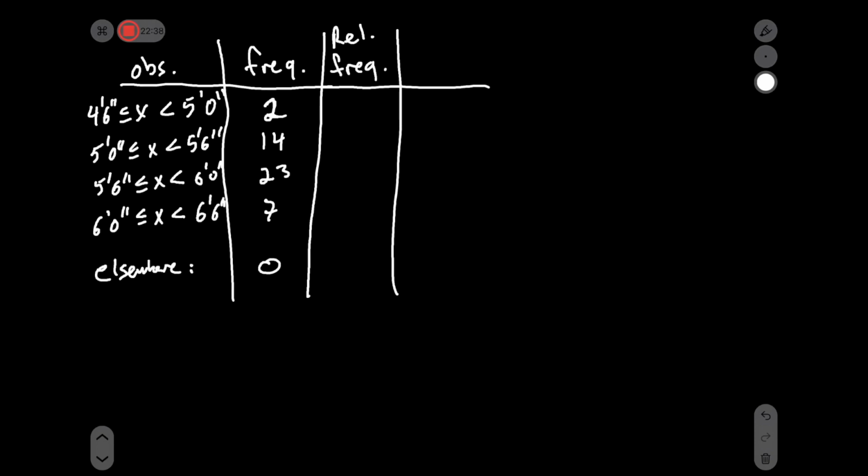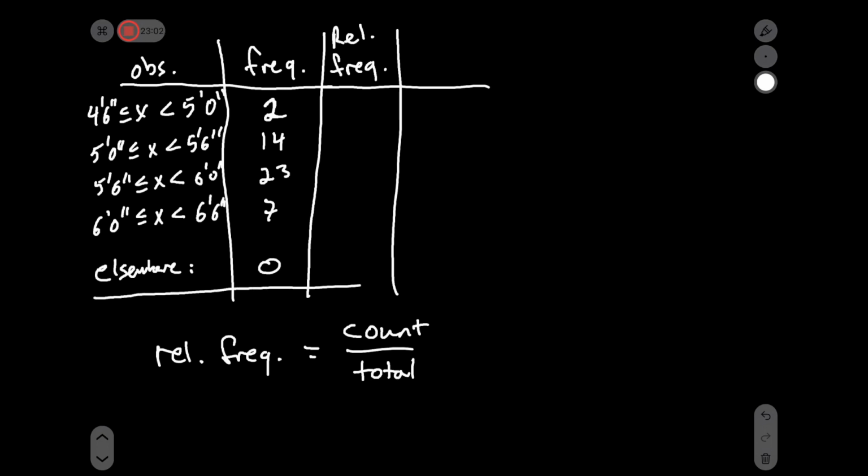So how do you find relative frequency? Relative frequency is calculated very simply as the count, or that is the frequency of the observations you find in a particular group divided by the total. Okay, how many people do we have in total in the class?